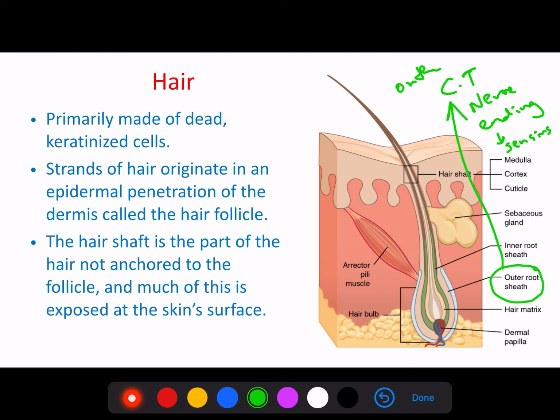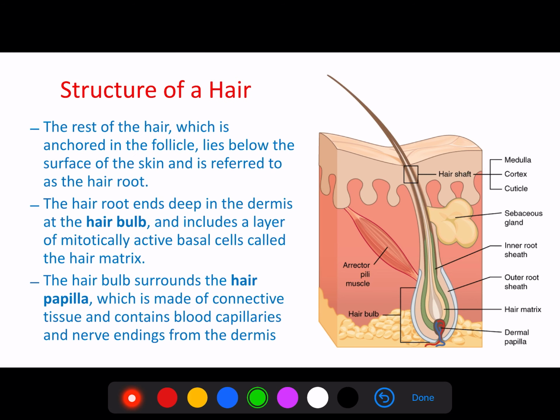So if you move your hand over your hair, barely touching it, you will feel that. This is because the hair roots have nerve supplies that will sense touch or any movement through the hair. Also, the hair in general would protect, so it helps to prevent any trauma coming to the skin. So this is all for the hair.